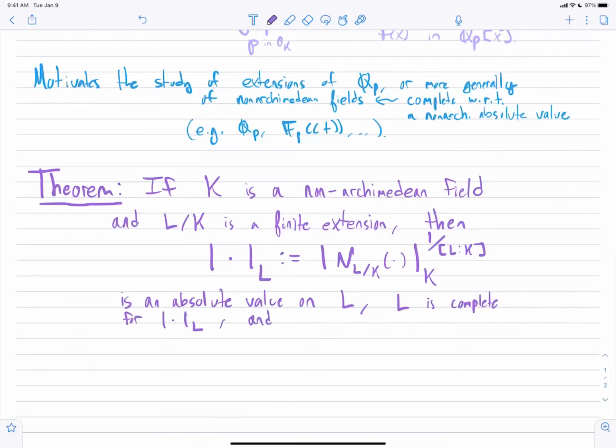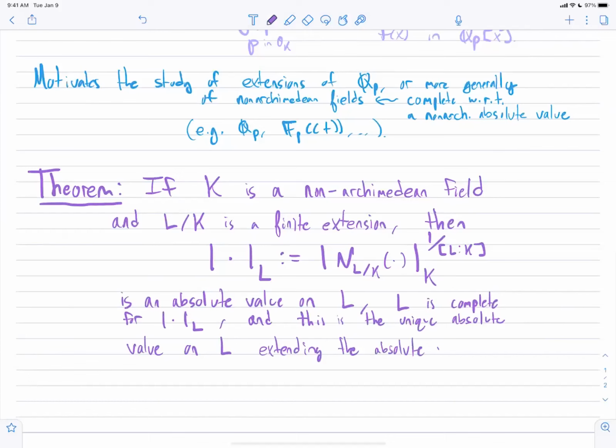And this is the unique absolute value on L extending the absolute value on K.